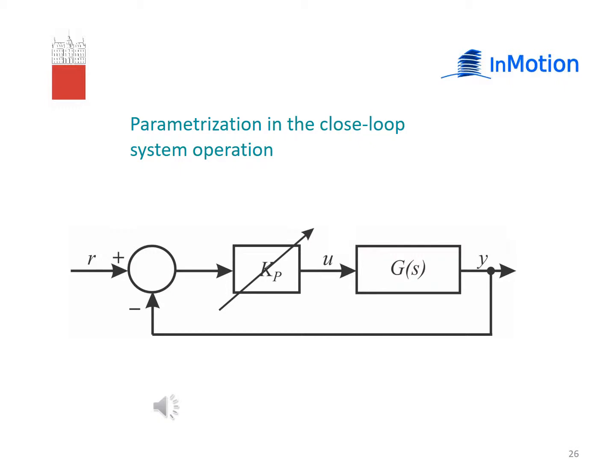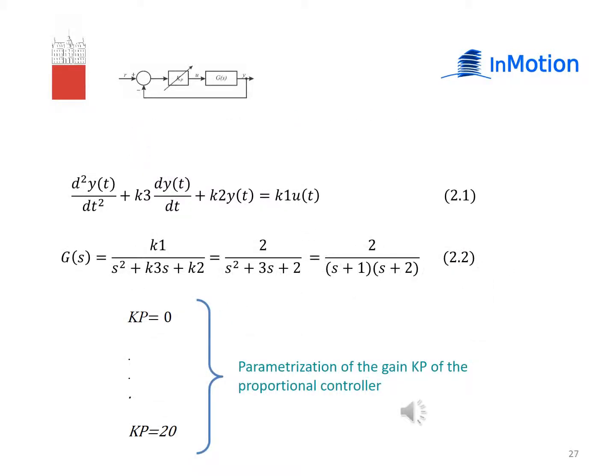Parametrization as a simulation experiment can be very useful also in closed-loop system operation. Let's illustrate one such situation as presented with the block diagram in this figure. The model of the system is again defined with the differential equation 2.1 or equivalently with the transfer function given with equation 2.2.